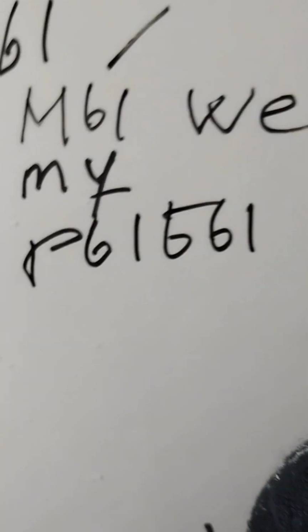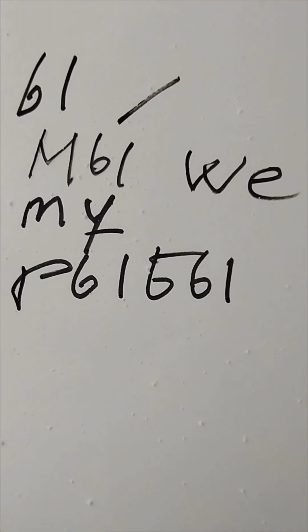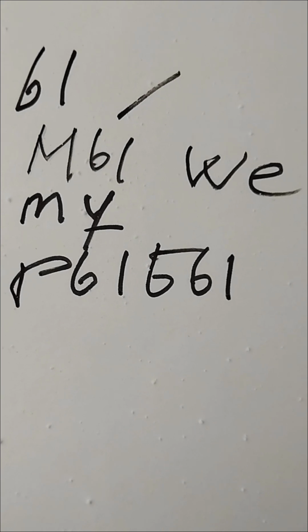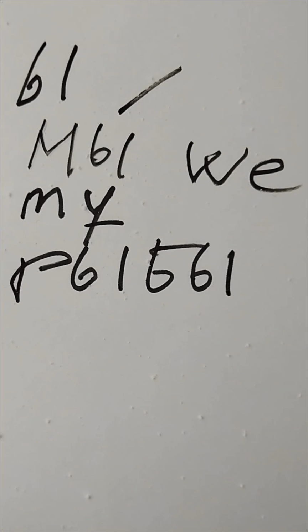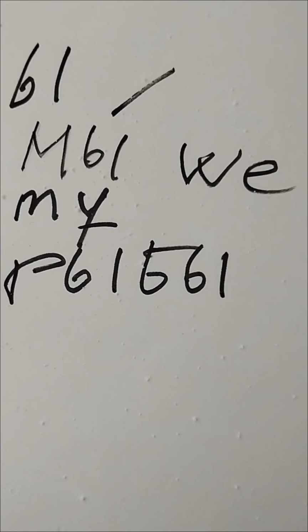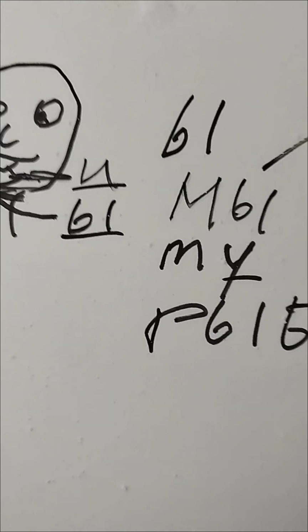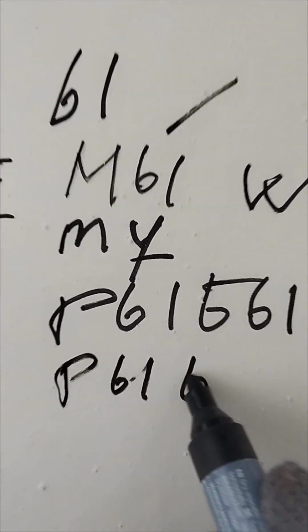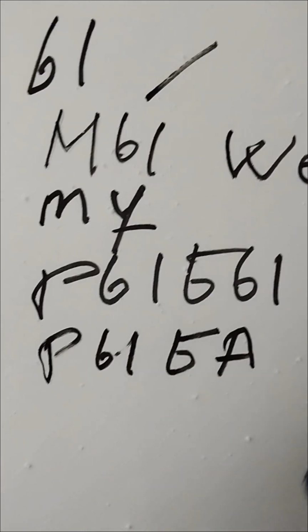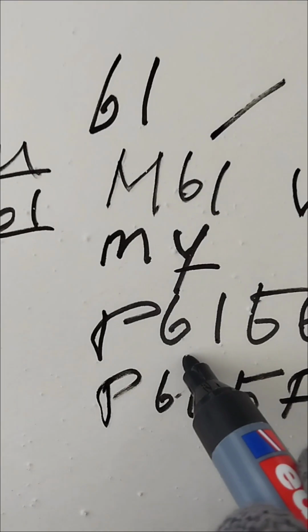Рыбы. Рыбы is the plural form of fish. One is рыба. Рыба.